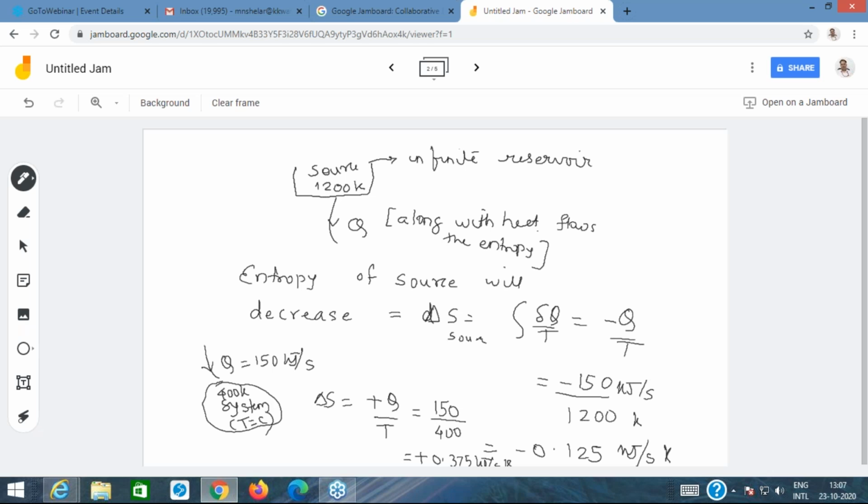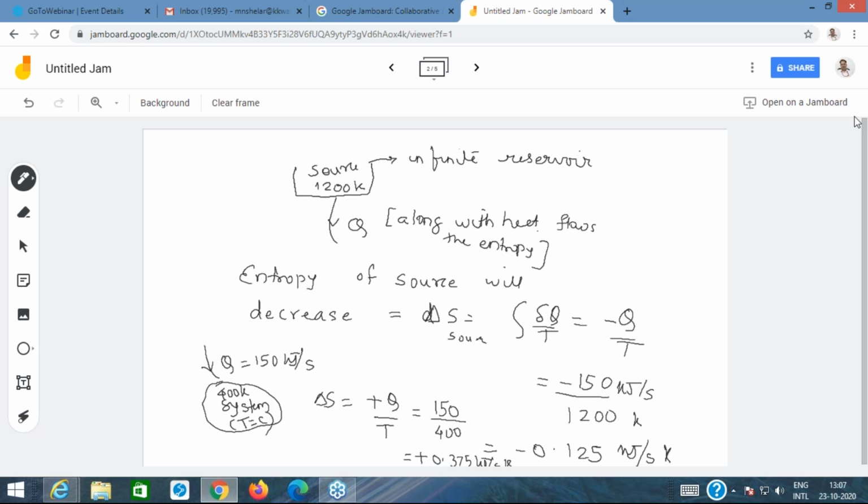I hope this is clear to you, right? Most of you have got this answer right. Now you need to figure out the entropy generation, or the total entropy change in this heat transfer.